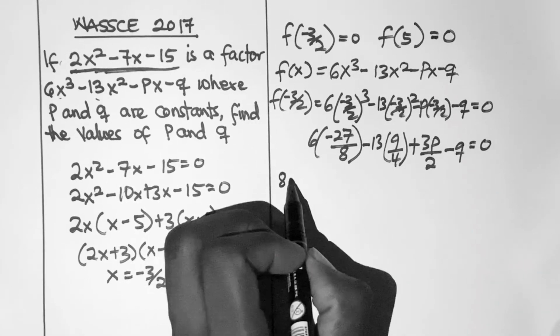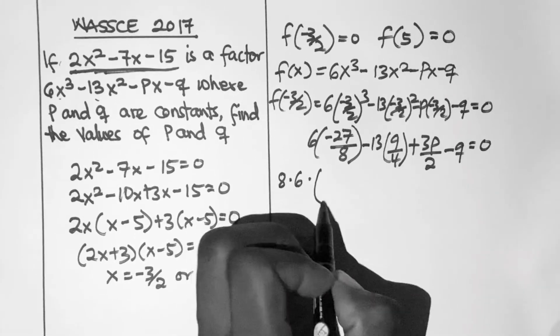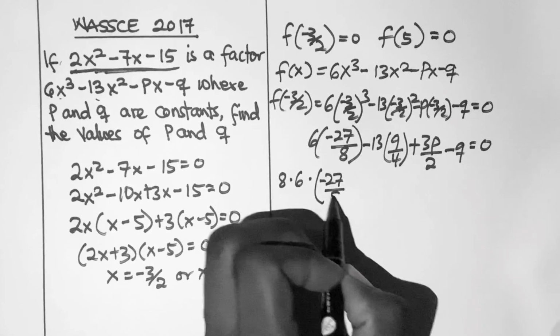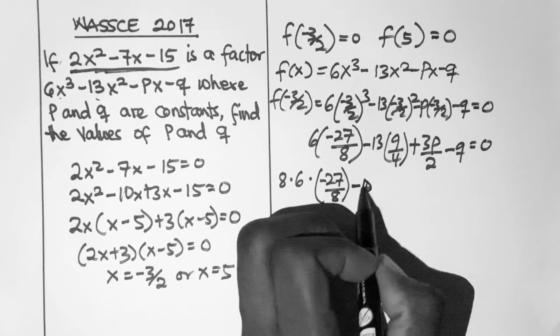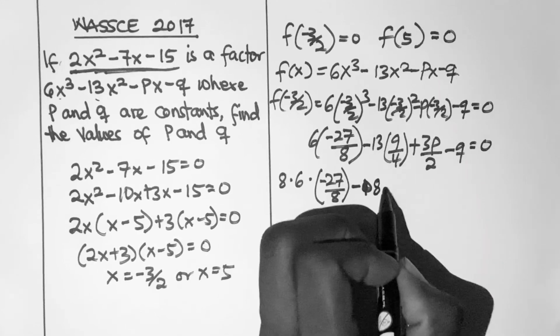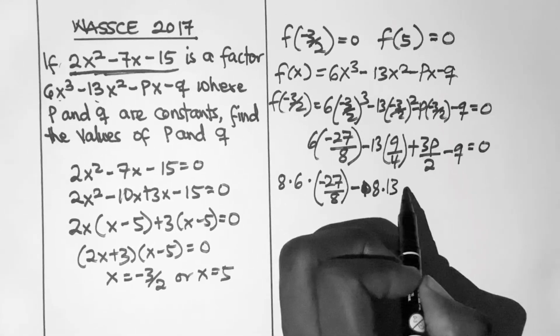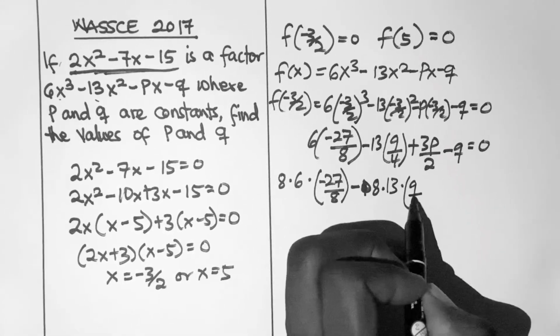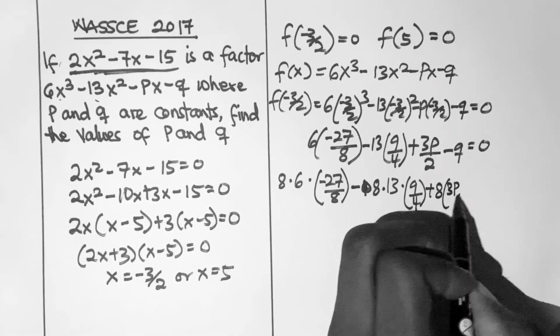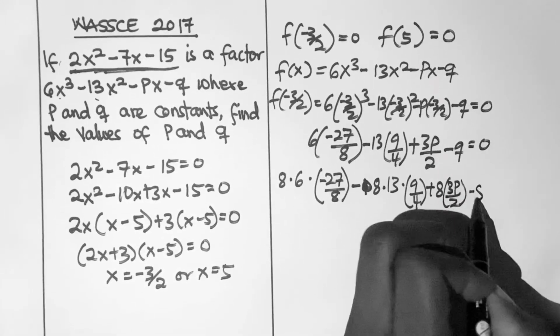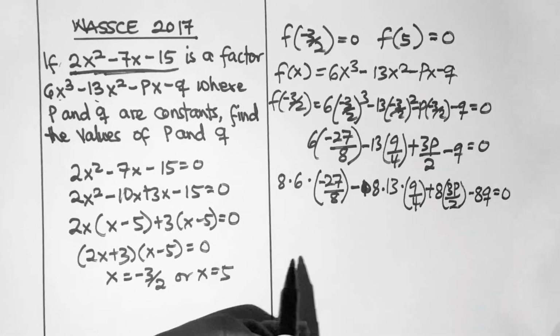So here becomes 8 times 6 times minus 27 over 8. Then minus 8 times 13, then times 9 over 4, then plus 8 times 3p over 2, then minus 8 times q equals 0.